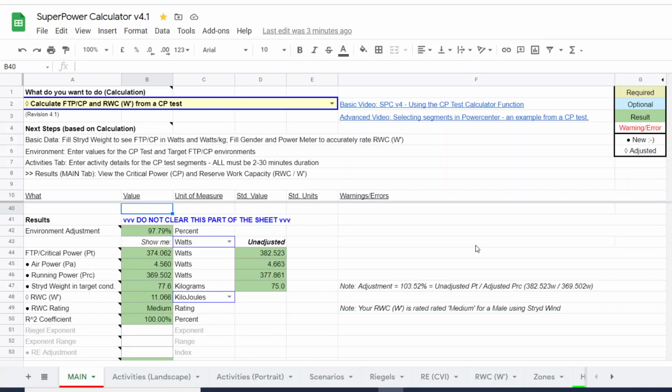Hopefully this was helpful and useful for you if you do run in both environments. Play around with it, and hopefully it works well for you.